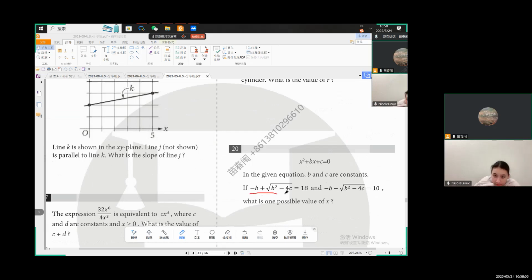Oh, it's a little bit different than that one, probably. What is one possible value for x? For a second, I can forget about this one because this kind of makes it into a two variable system of equations. Negative b minus 18.